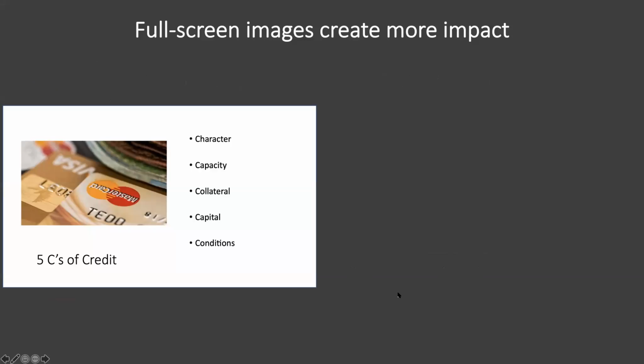I will tell you that if you do want to use a slide constructed somewhat like this, where you've got a picture and text and the image isn't bled out to fill the screen, put the image on the left side and the text on the right side. The reason for that has to do with how our brain hemispheres do different things. This setup is going to work better for most audiences to have a quicker impact.